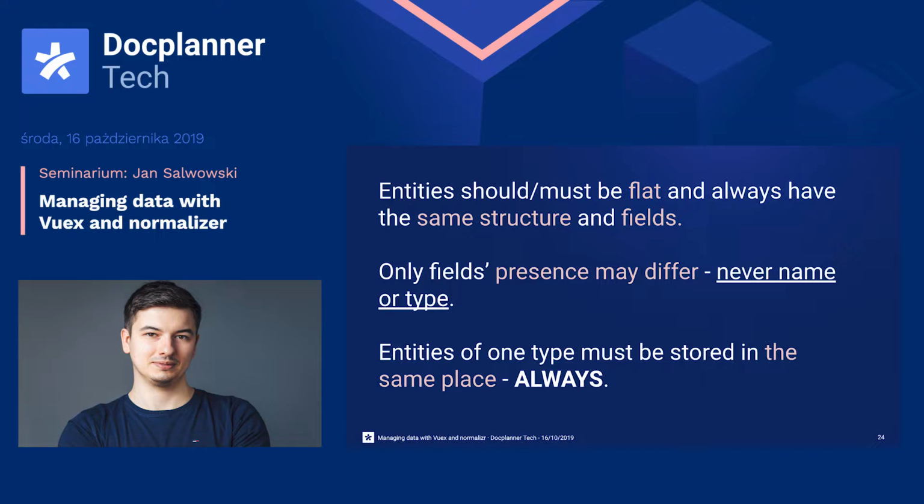But the name of the field where we store comments should never change. Or its type. If it's an array, then it is an array. It's never an object. And entities of each type must be stored in the same place, because otherwise we would have to synchronize them.